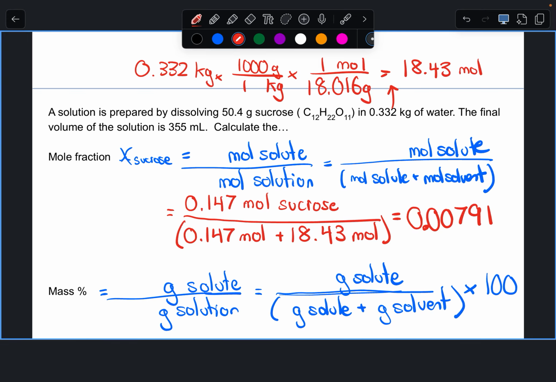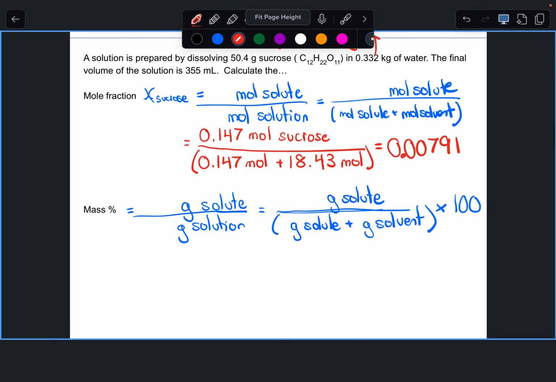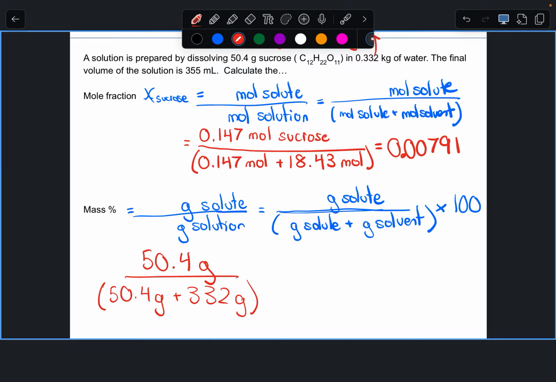And then for the mass percent, we just need to make sure those kilograms of water are in grams, and then it's pretty straightforward. 50.4 over 50.4 plus 332 for the water. And then we're timesing this by 100 because it's a percentage.